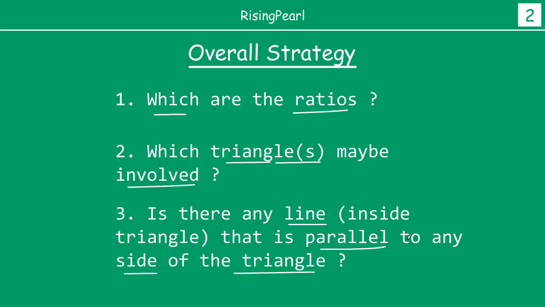This is what we have been seeing for the last few webisodes, webisode 8, 9 and 10. Because all of these theorems relate to a triangle, we want to pay attention to a triangle or triangles, be on the lookout for a line parallel to one side of the triangle, and then understand which ratios may be involved. So generally we will always be on the lookout for these three things in questions that come up for these topics.